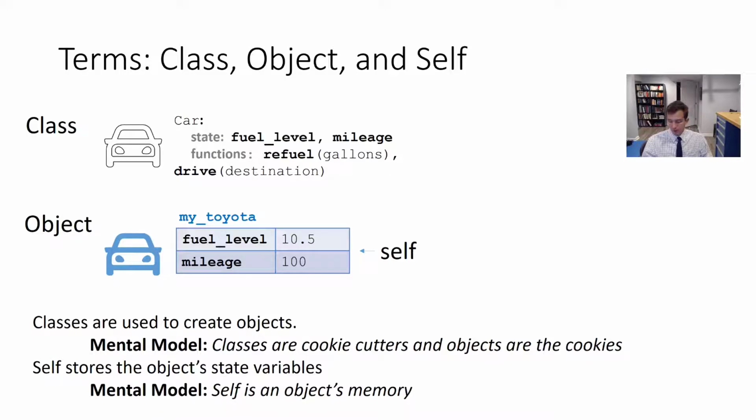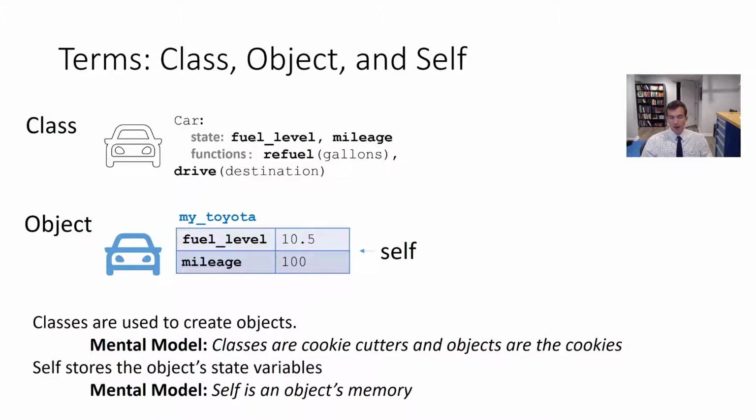Oftentimes in textbooks they'll talk about classes being a cookie cutter and an object being the cookie. Right? You can use the class definition to stamp out a bunch of objects. I can use this car definition to create a Toyota and a Subaru and an Outback and a Jalopy and whatever else. Do you understand this distinction?